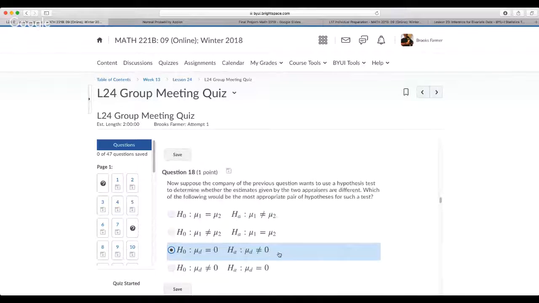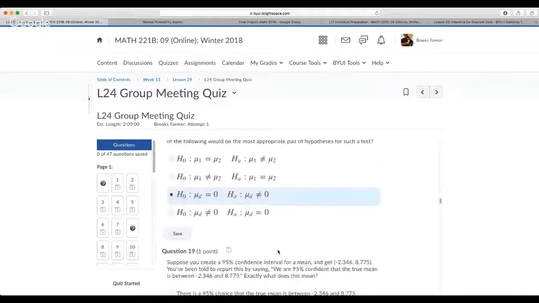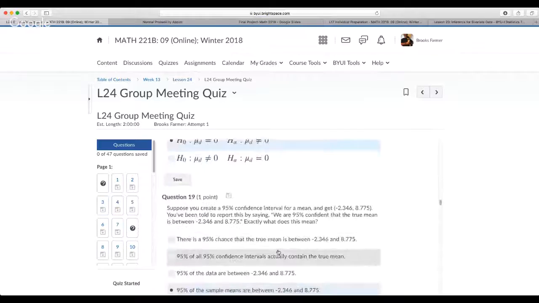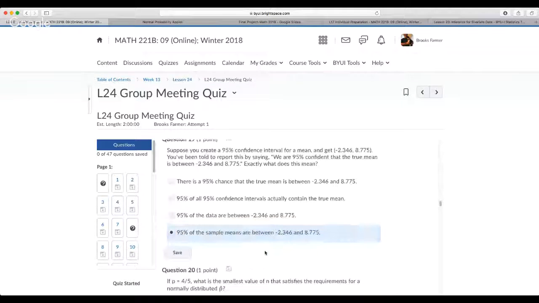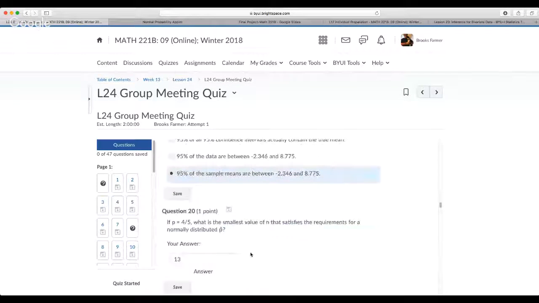Yep, 18 is C as well. 19 is the last one, D. 20 is 13.